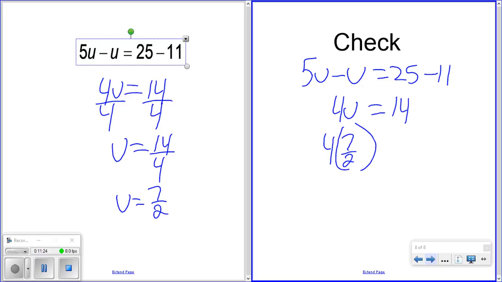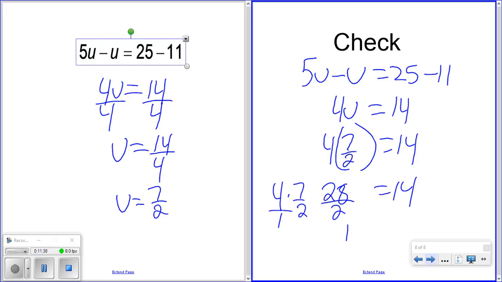And we'll have the same thing. 4 times 7 over 2. Right, and then we'll have, what's that, 28 divided by 2, and 28 divided by 2 is 14, so 14 equals 14. We're right again.